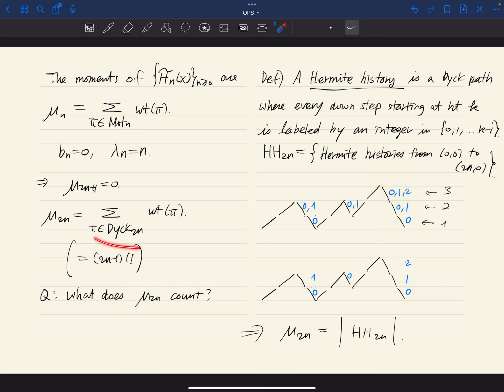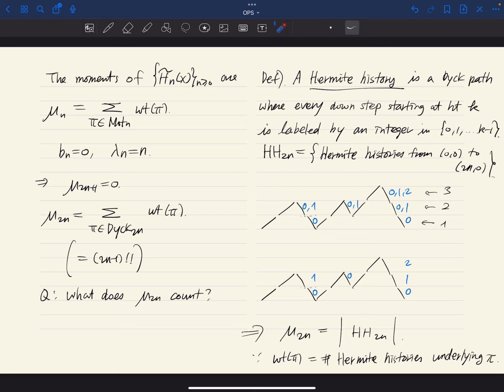So this is exactly counting the number of Hermite histories with the same underlying Dyck path pi.